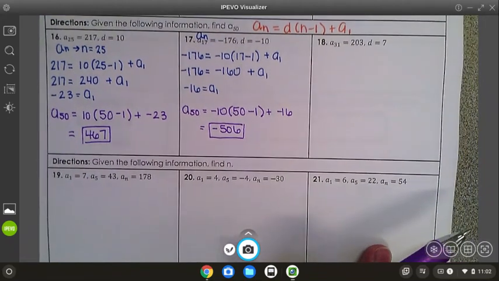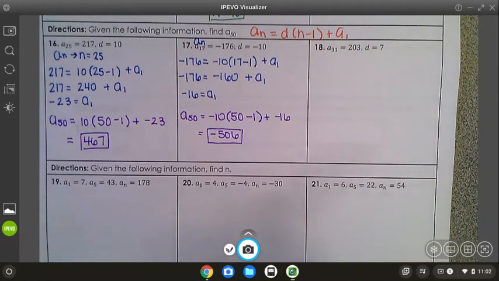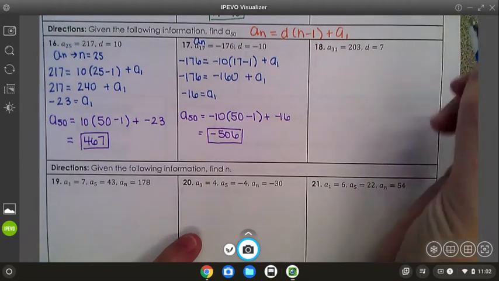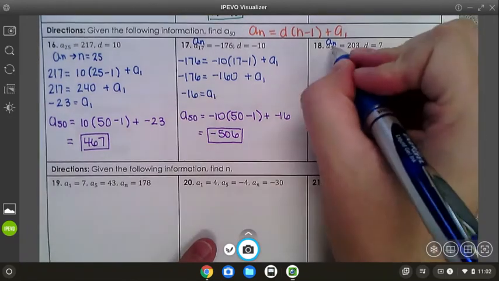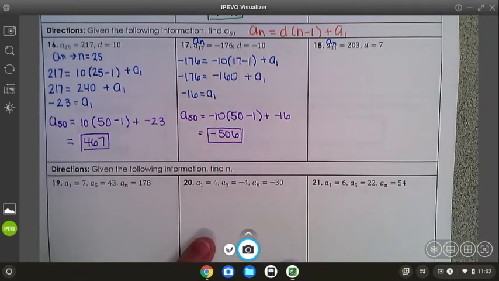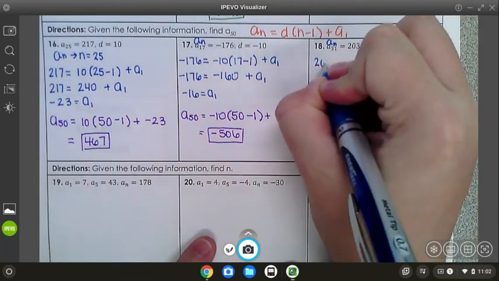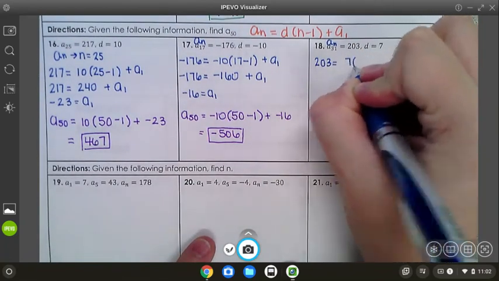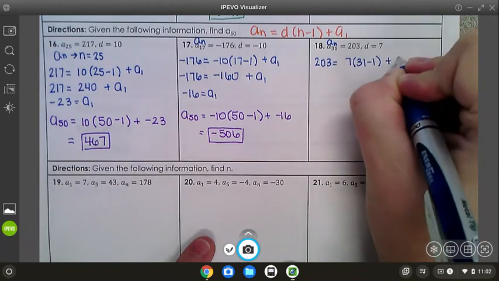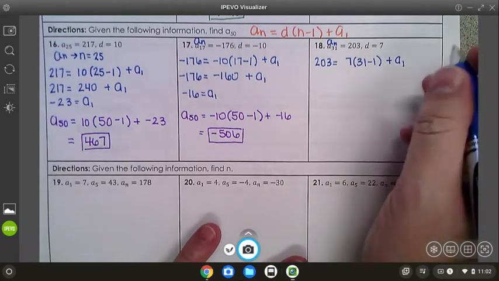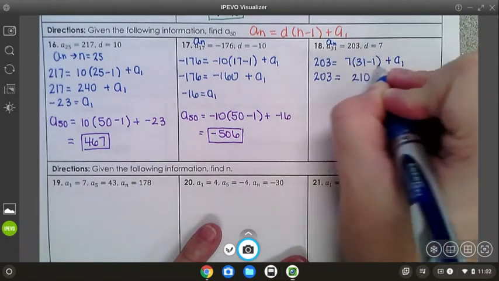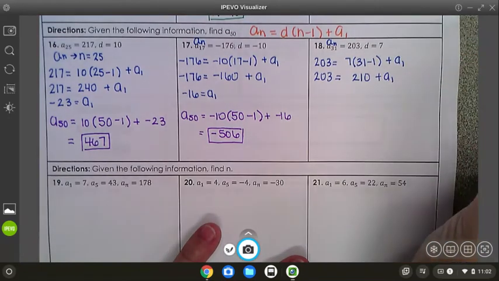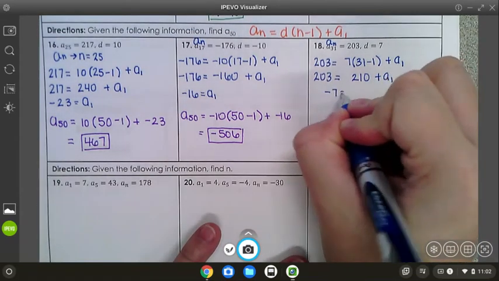I want you to try number 18. So pause the video and try that one. Okay, on this one, we know my AN is 203. So I'm going to let 31 be my N. So if we solve this one, you should have had 210 right here, plus A1, getting -7 for your A1.